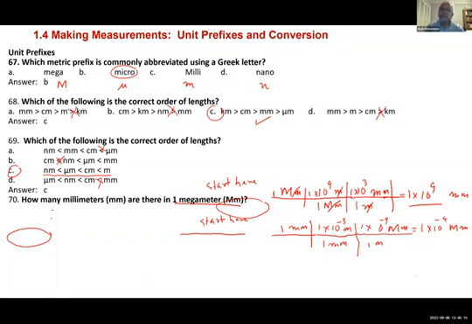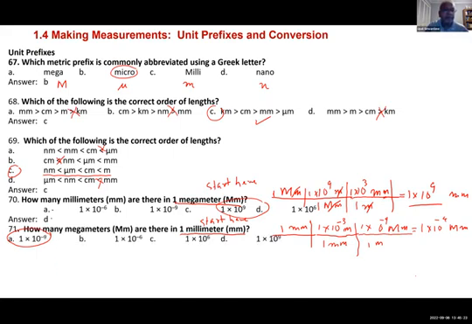I have a problem. Let's look at the answers. 10 to the 9. 1 meter is how many millimeters. 1 megameter is 10 to the 9.